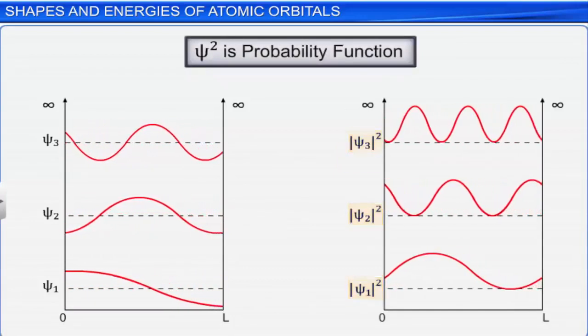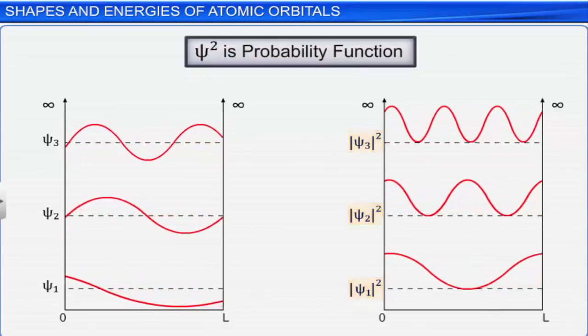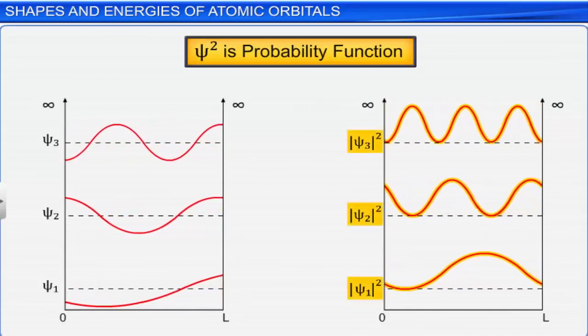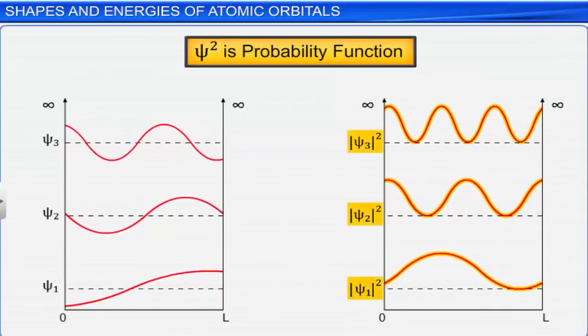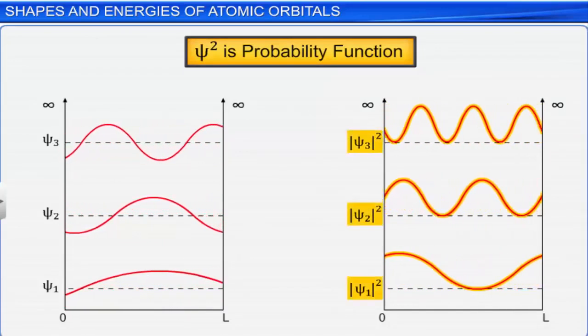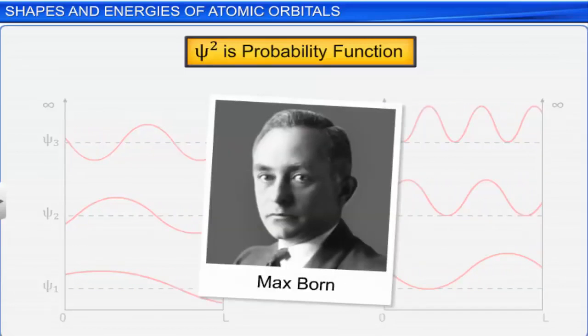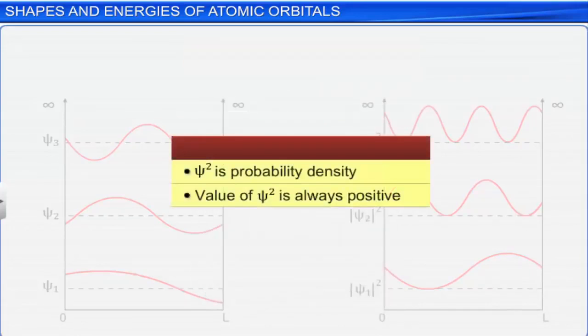Therefore, the square of the amplitude of the electron wave, that is, psi square, gives the probability of finding the electron at a point within an atom. This was predicted by the German physicist Max Born. That is why the function psi square is called probability density, and is always positive.